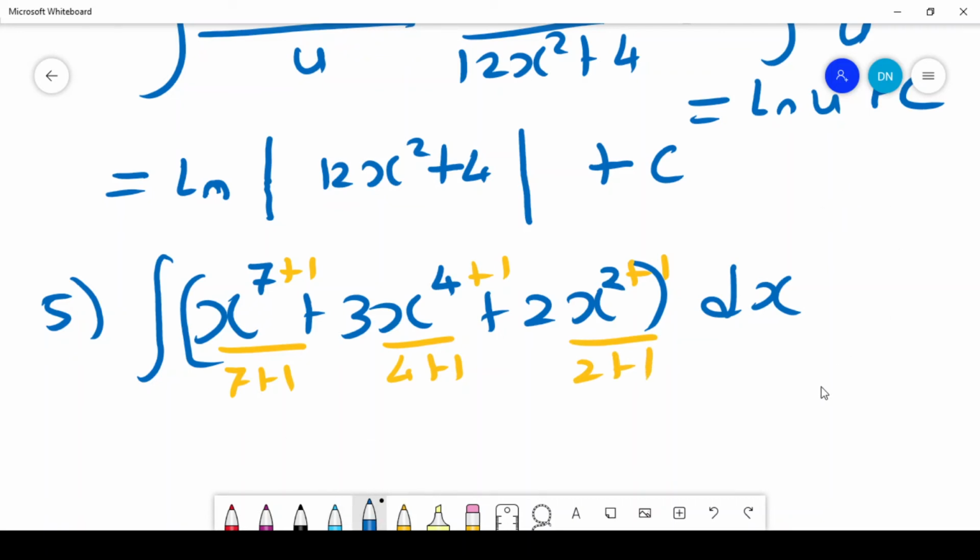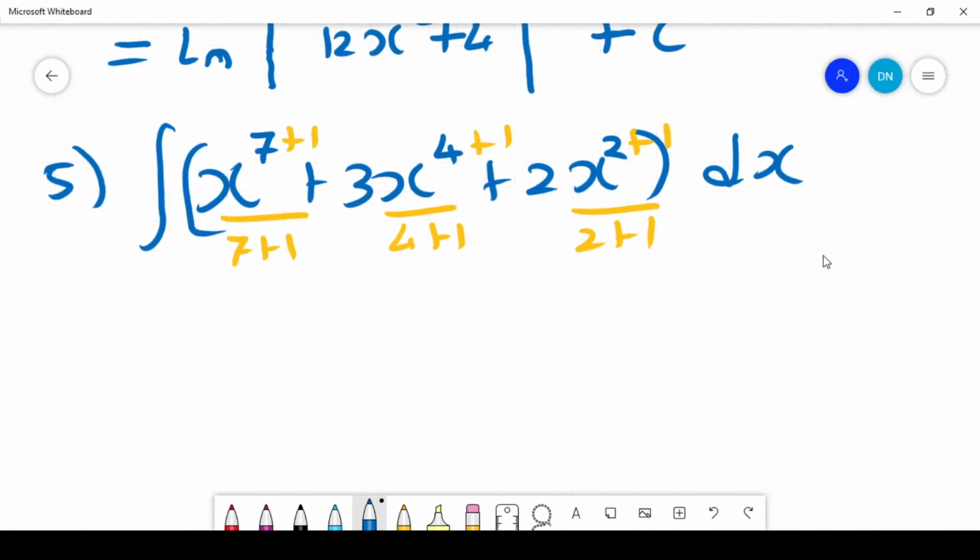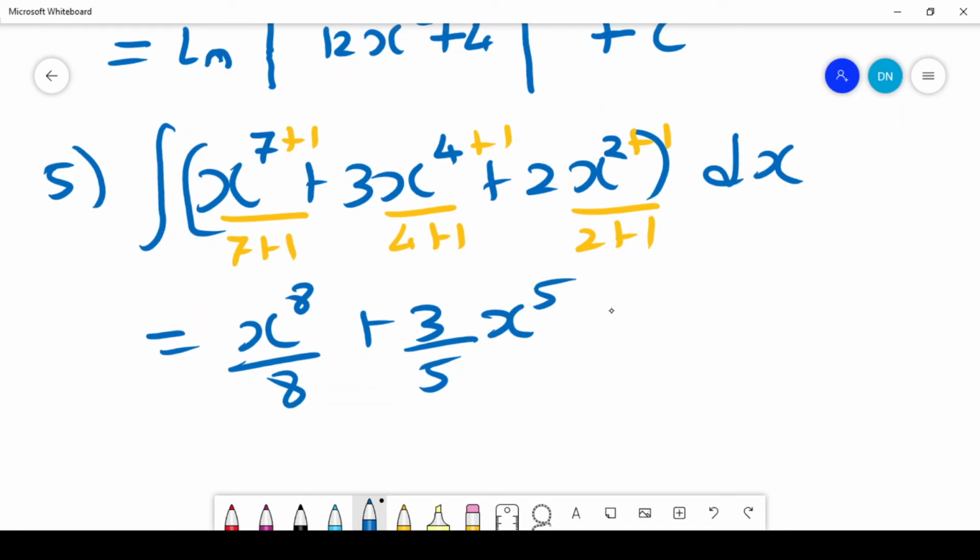That's basically what you do, with the change of color that I've done. So this is x raised to power 8 over 8 plus 3 over 5 x to power 5 plus 2 over 3 x to power 3. And because it is an indefinite integral, you introduce a constant into the integration. So that's what you get in that integral.